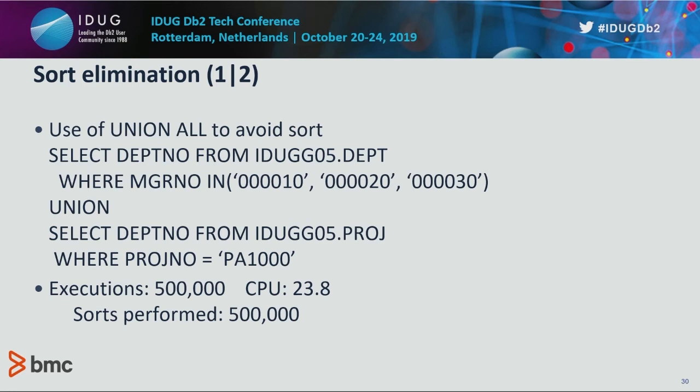And if you choose to go that route, you could specify union all instead of union, which then means you're no longer invoking sort. And in this case, you do see an advantage there where you've cut the CPU time by about 1/3 with the SQL consumption of CPU.